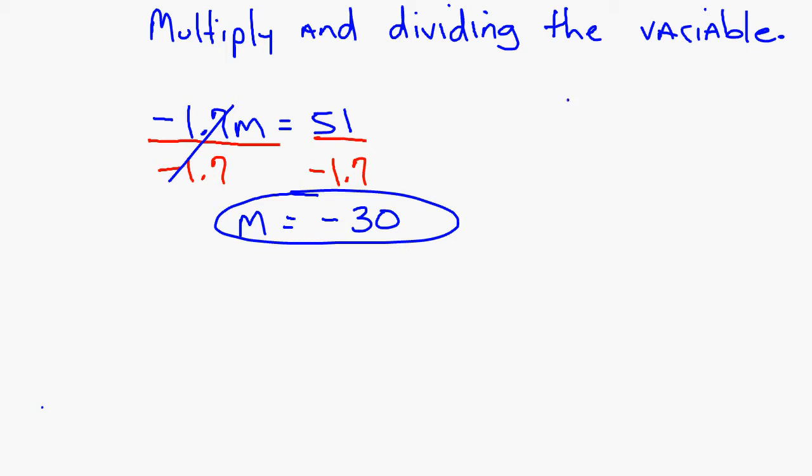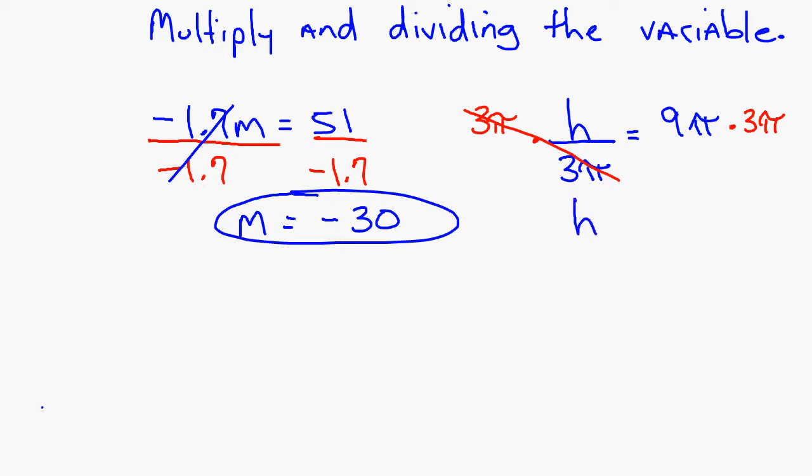If the variable is being divided, again, you do the opposite. The opposite of division is multiplication. So in this case, you can multiply each side by 3 pi. And these two 3 pi's cancel each other out, and you're just left with the h.